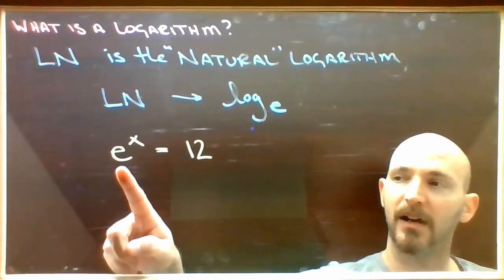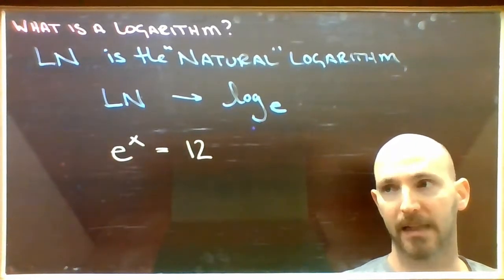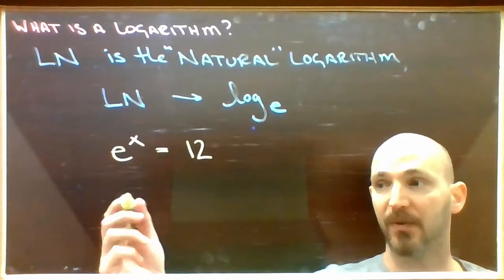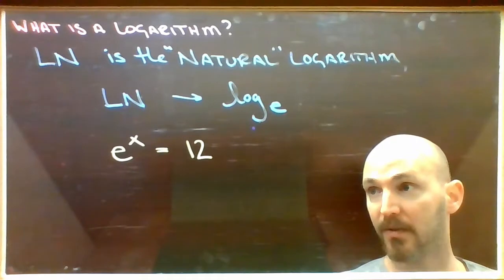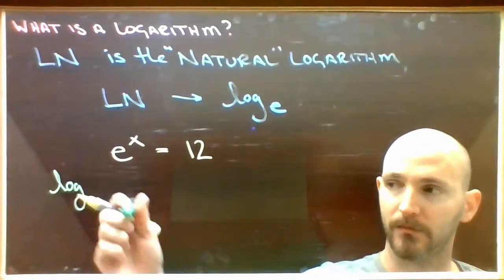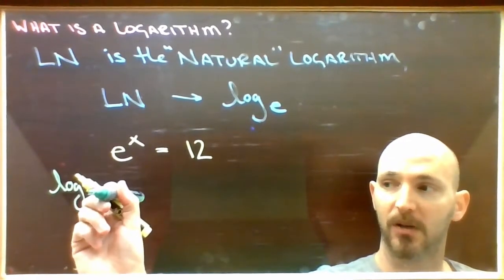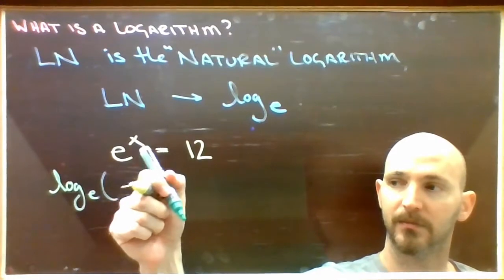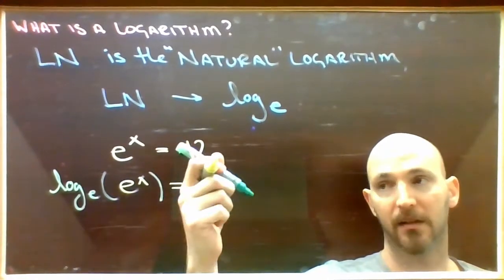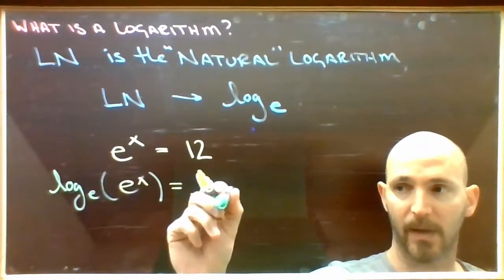I see a funny number to some exponent, and I need to break that in order to solve this equation. You break exponentials by using logarithms. So I'm going to have to use a log, and because it's base e, I have to use log base e. If I apply it to this side, I have to apply it to this side as well.